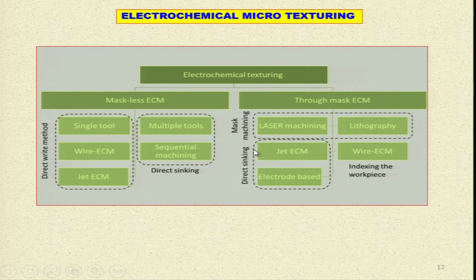Direct sinking, jet electrochemical microtexturing can be done, electrode based microtexturing can be done. You can also use wire electrochemical microtexturing. Here you have to index the workpiece depending upon the type of texturing you are creating. If it is a dimple creation, then you need not index the workpiece regularly.